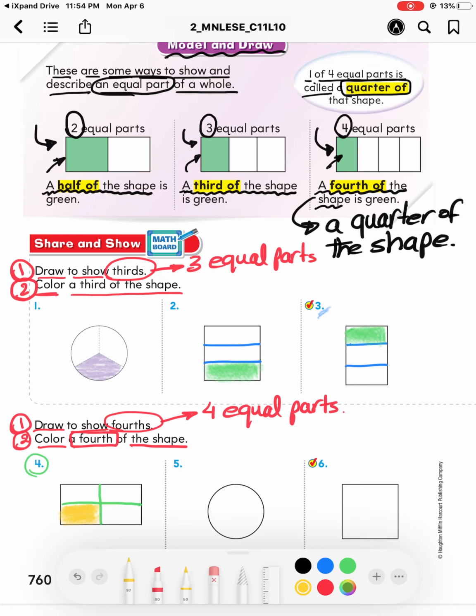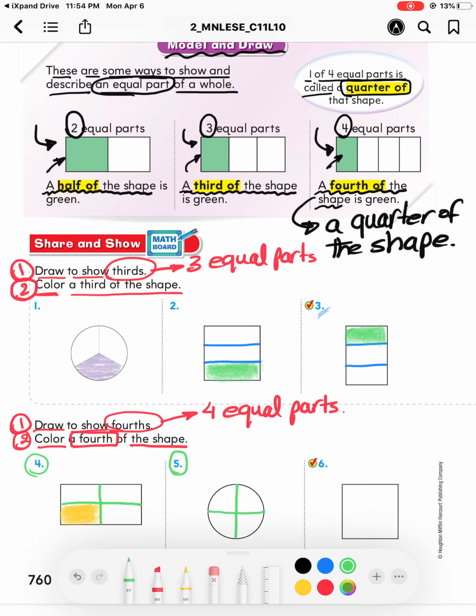Now let's move to question number 5. We need to divide the circle into fourths, 4 equal parts, and then color a fourth of the shape. Now let's divide it first into 4 equal parts, into fourths, like this.